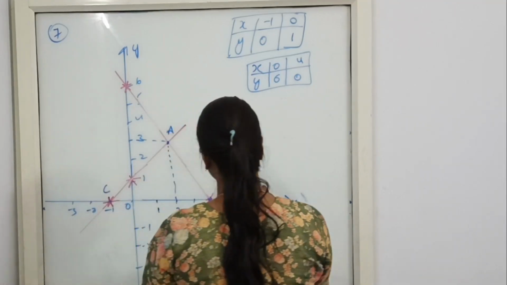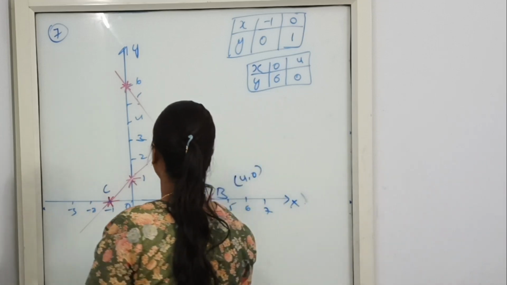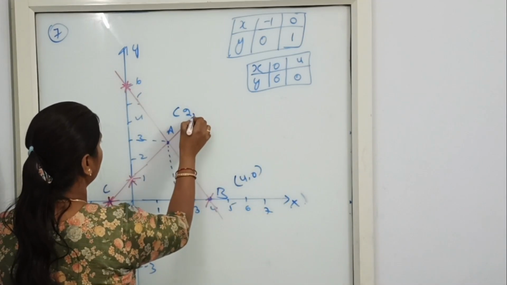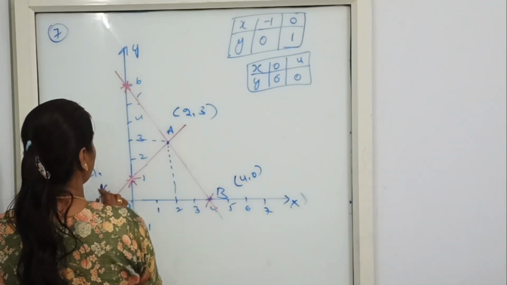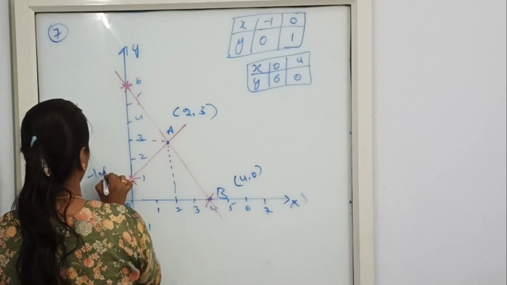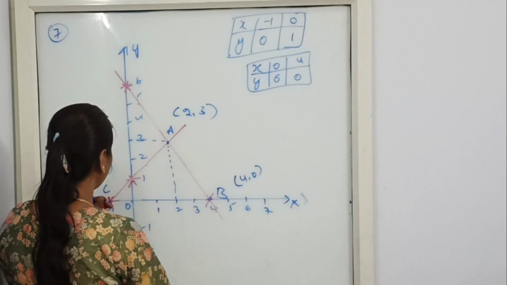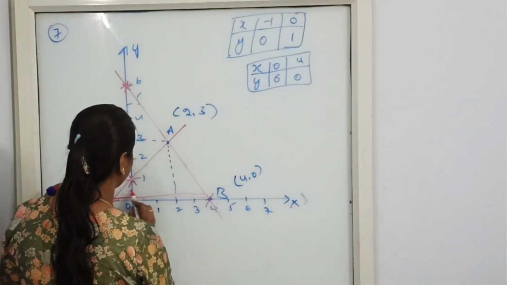What is the B coordinate? x comma y, 4 comma 0. And here A coordinates are 2 comma 3 and C coordinates are minus 1 comma 0. Now shade the region. They are asking us to shade. You can shade them.